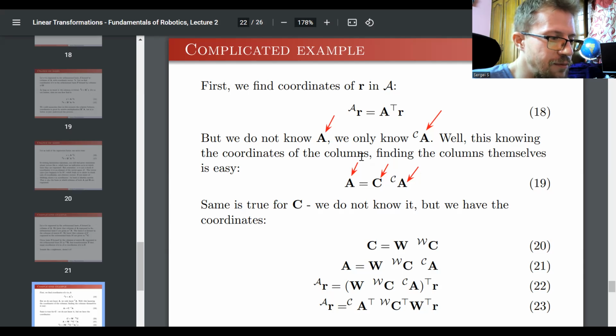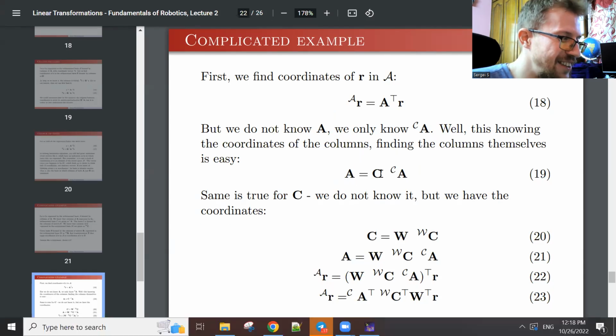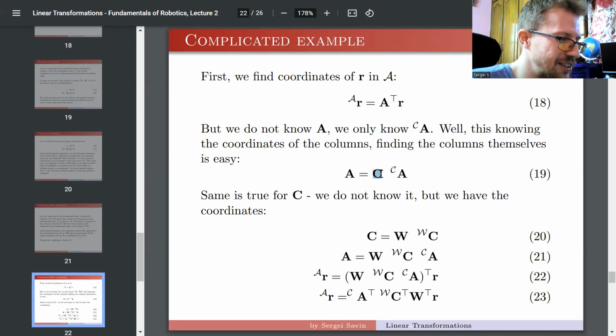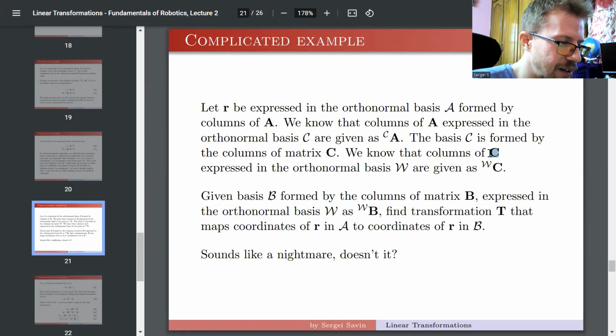Okay. So we have this way to transform coordinates into vectors. But we don't know what C is. Remember, we don't know what C is. We only know that C is expressed in omega as C sub omega.